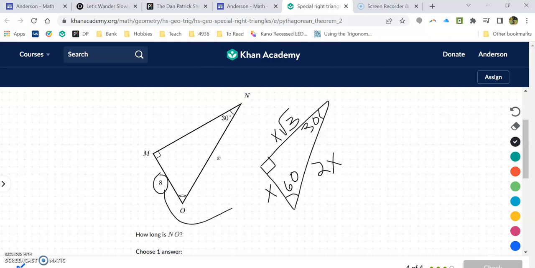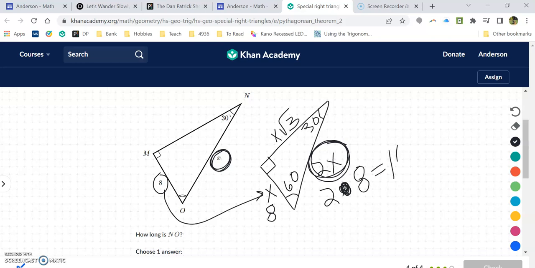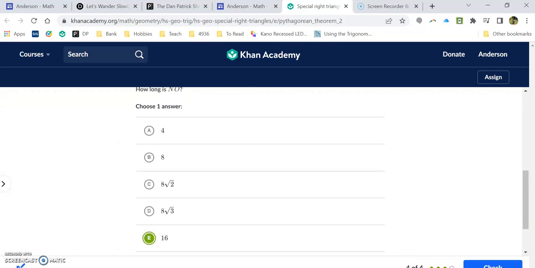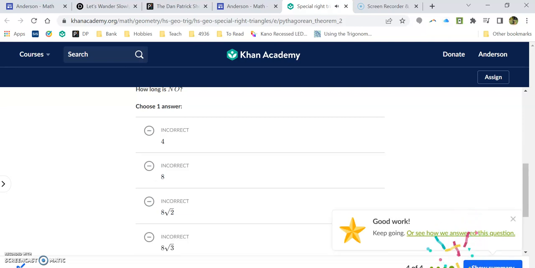This 8 is going to go into that x, so this x becomes 8. We're trying to find the hypotenuse, which matches up with 2x. So in this situation, our x here is 8. So 2 multiplied by 8, which equals 16. And E is our answer.